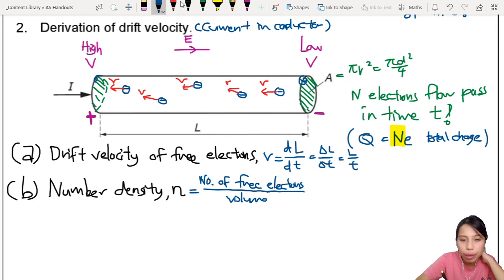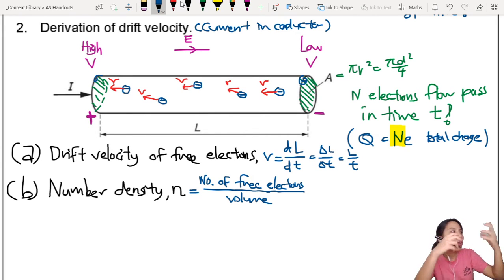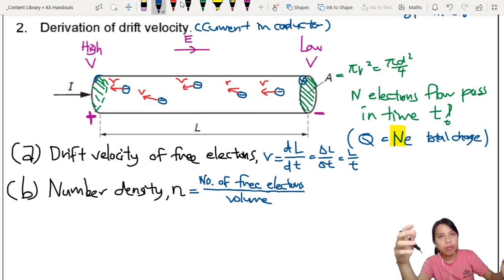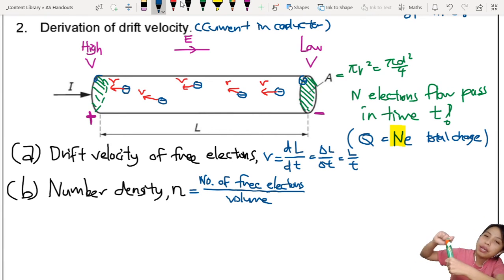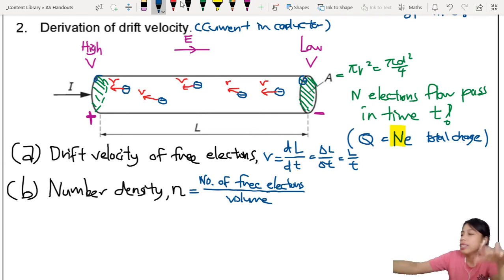This is the way people decide how many electrons there are. Say, maybe for copper, there are a huge number of electrons in this 1 meter cube. Maybe for aluminium, there are 50 times 10 to the power of 29 free electrons in this volume. Whatever that is.